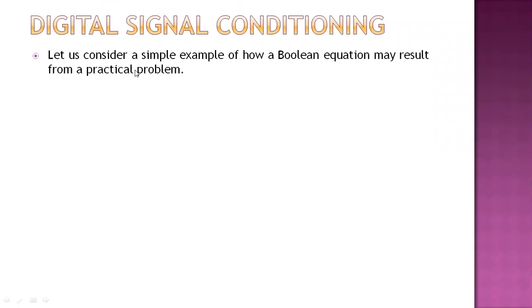So let us consider a simple example of how a Boolean equation may result from a practical problem. As we have seen, the use of computers in control systems is particularly valuable for a number of reasons. A computer can control a multivariable process control system.